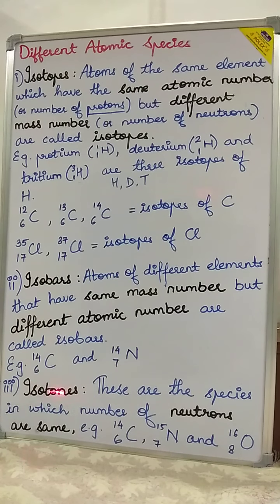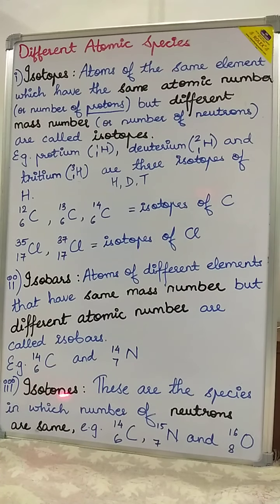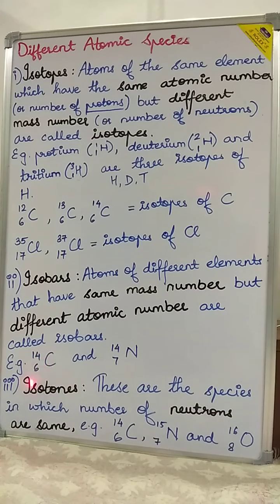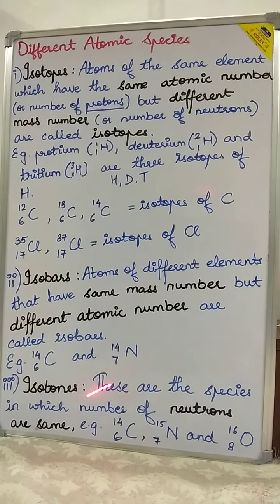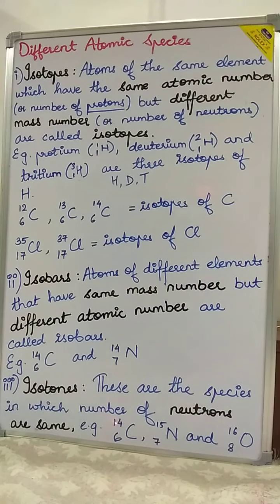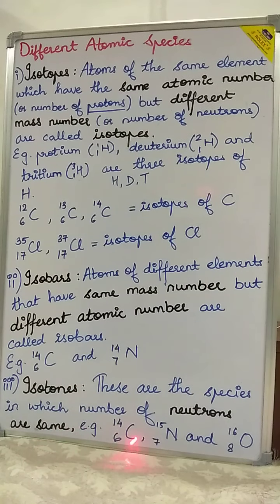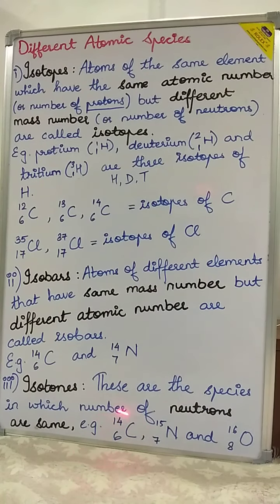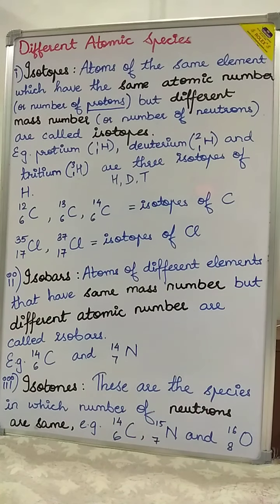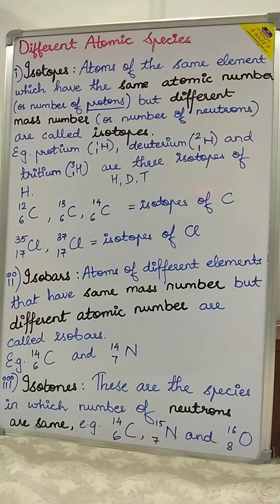Now students, I am coming to the third atomic species, isotones. Isotones, these are the species in which number of neutrons are same. Examples are 6 carbon 14, 7 nitrogen 15 and 8 oxygen 16.